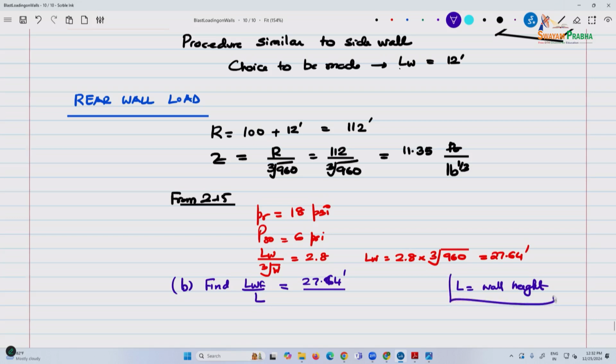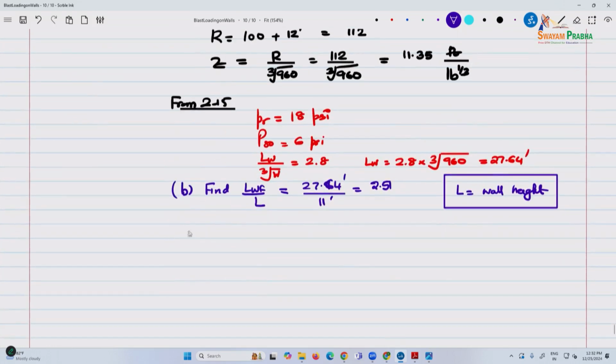I didn't mention that, so note that. L is the wall height, so this is 11 feet. So how much would that be? 2.51. Then go further down. For LW by L equal to 2.51 and PSO equal to 6 psi.